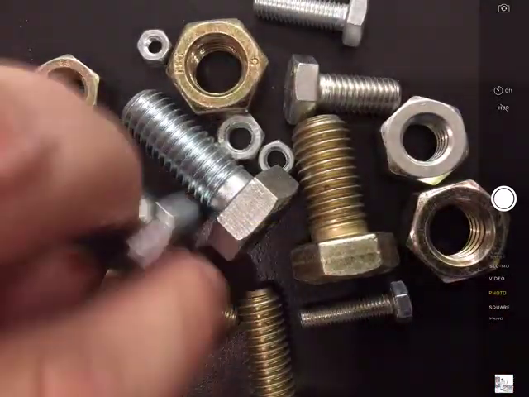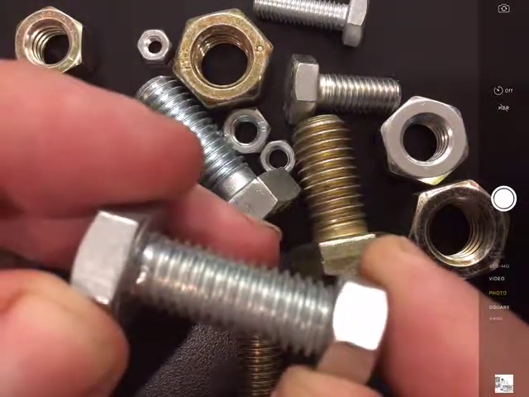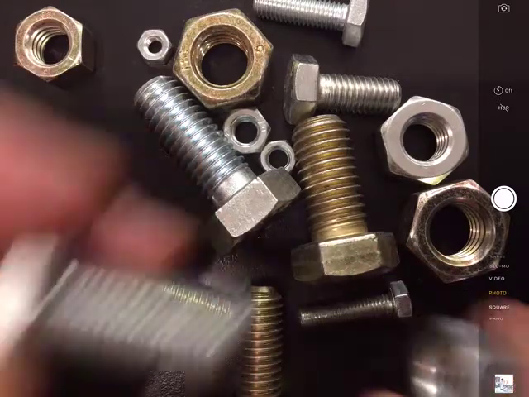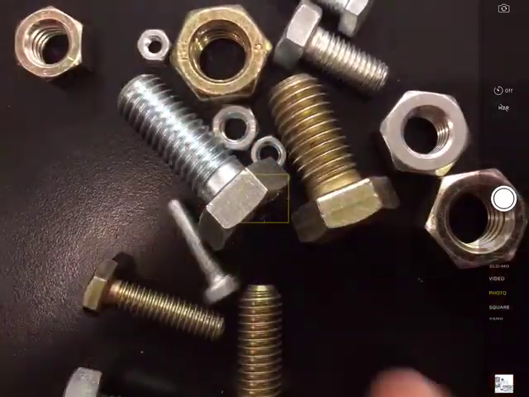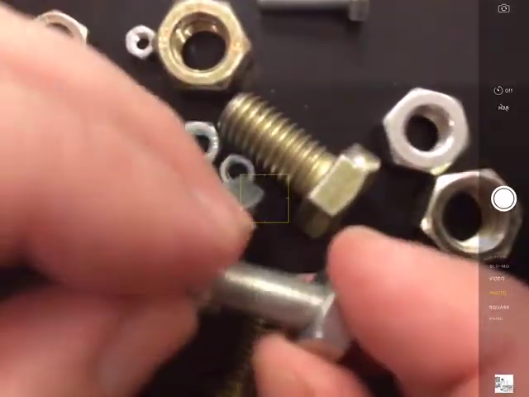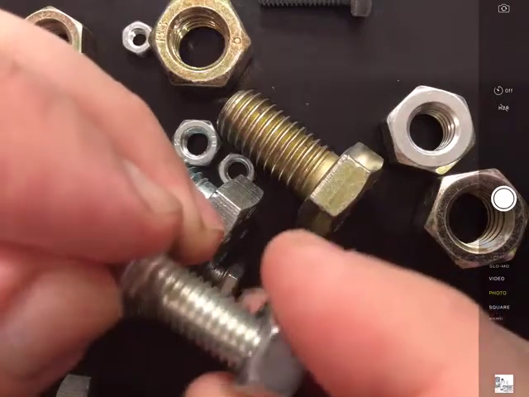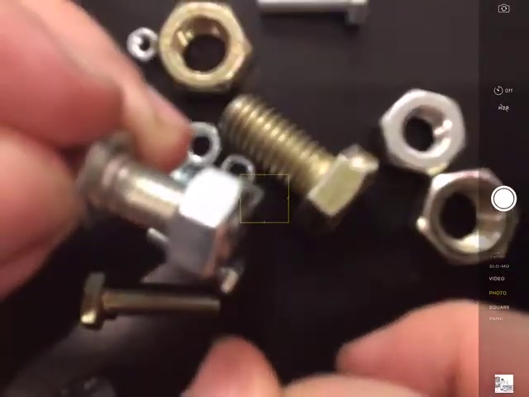But what you can do is pick up a nut and a bolt and try to put them together. And you'll discover either that the nut is too small, or the nut is too big, or if you're very, very lucky, yes, the bolt will screw on and stay tight.